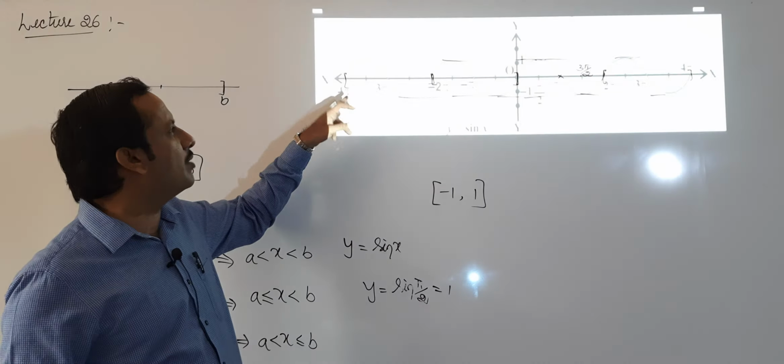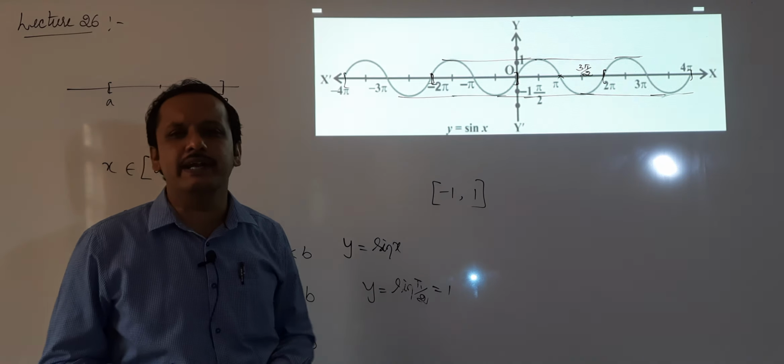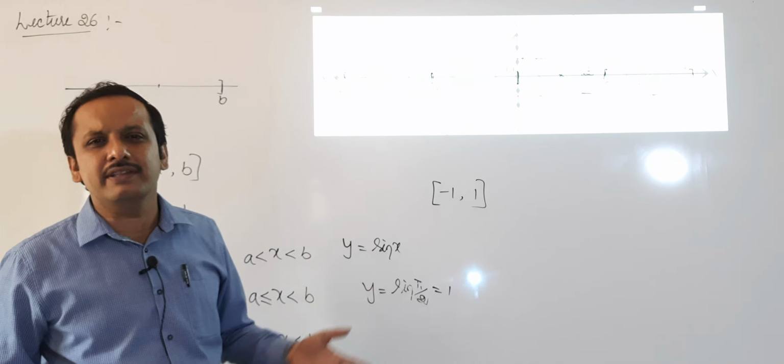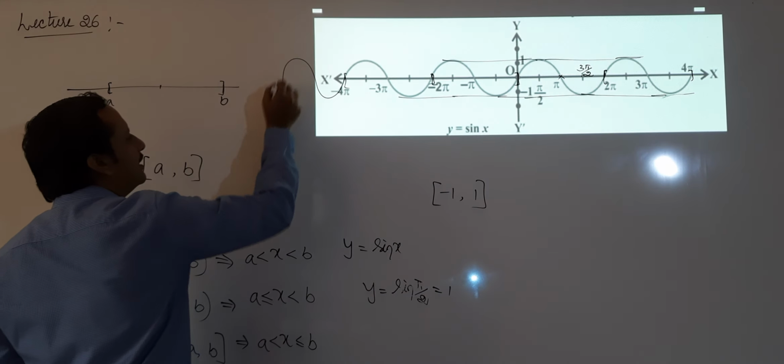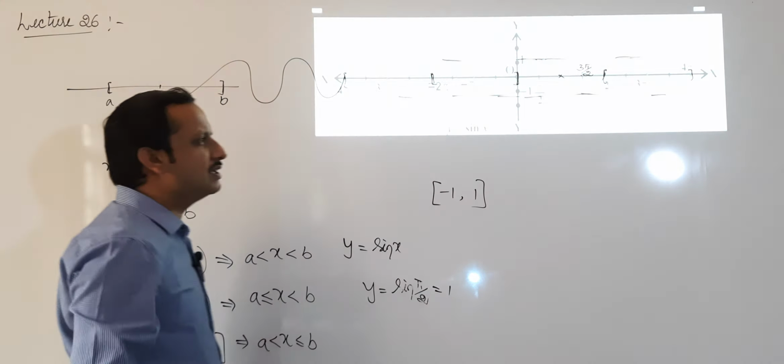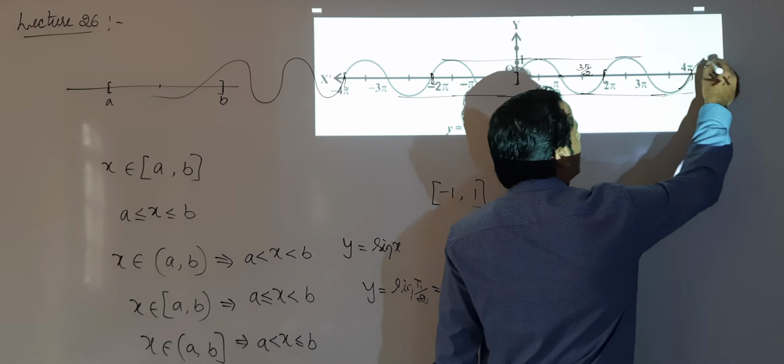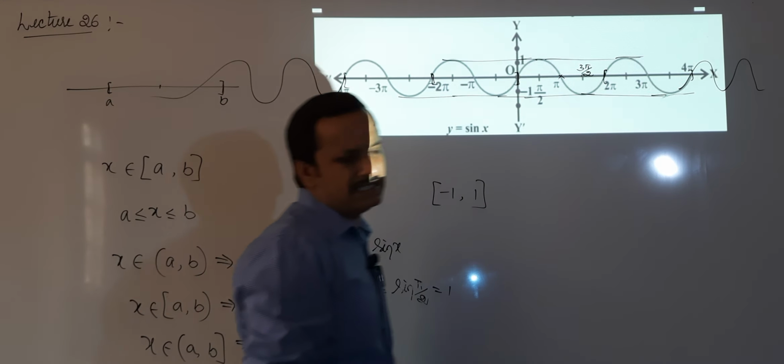See, here we have started from -4 pi and ended at 4 pi. It doesn't mean that it will end here. You can extend this graph. It will go in this way till -infinity, and here it will go in this way till +infinity.